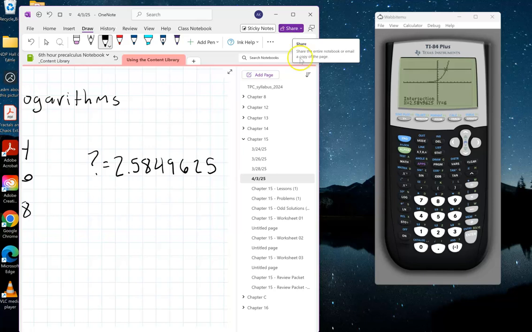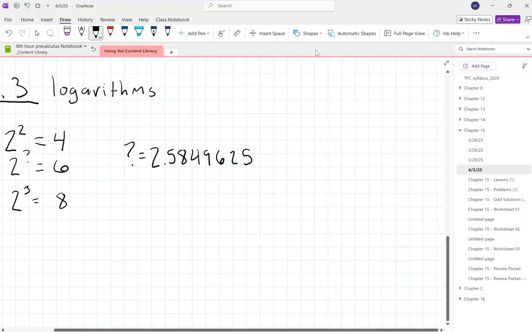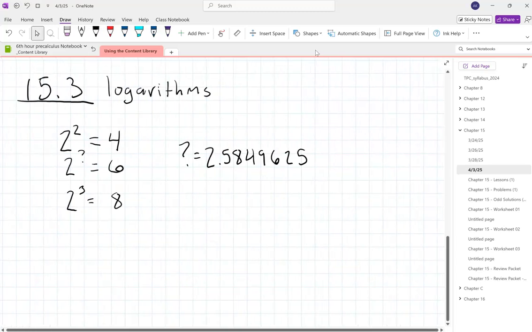And that's a little bit of a surprising result, considering everything was a whole number and I need this cuckoo decimal to make it work out.